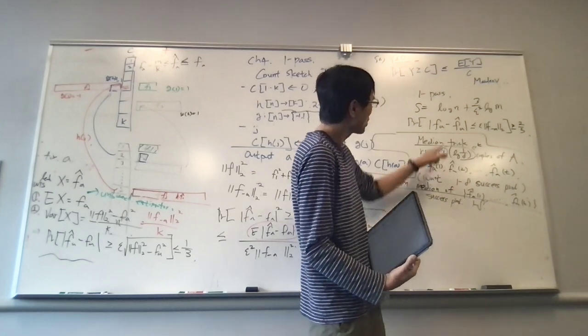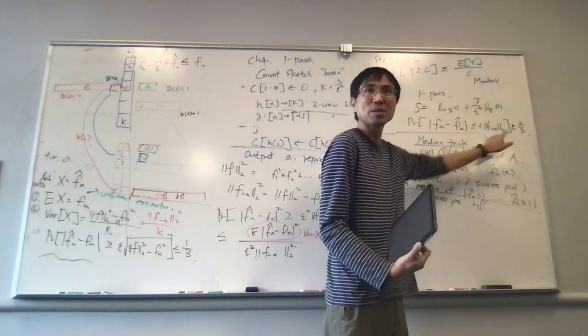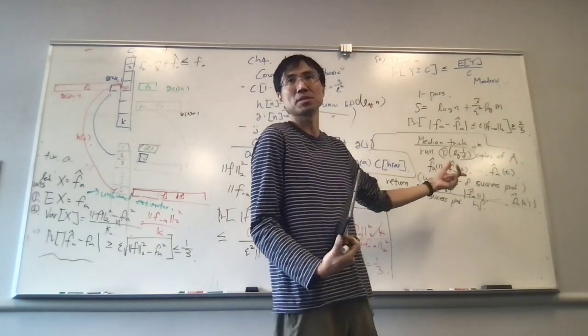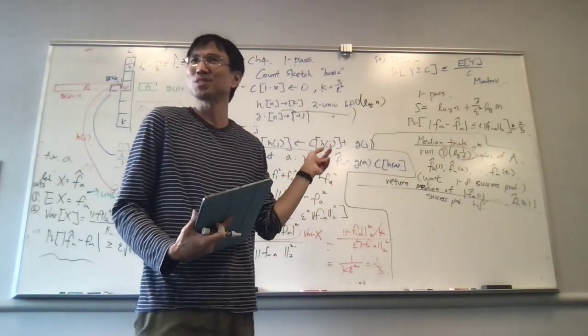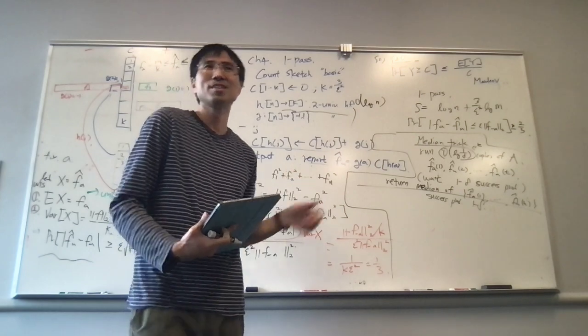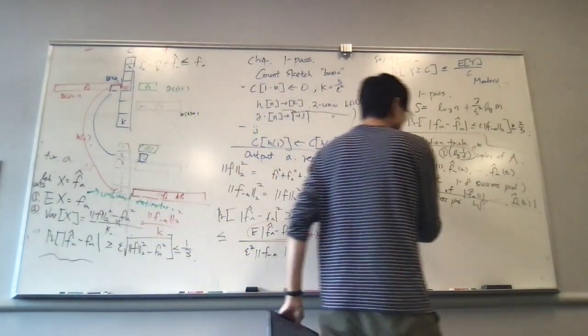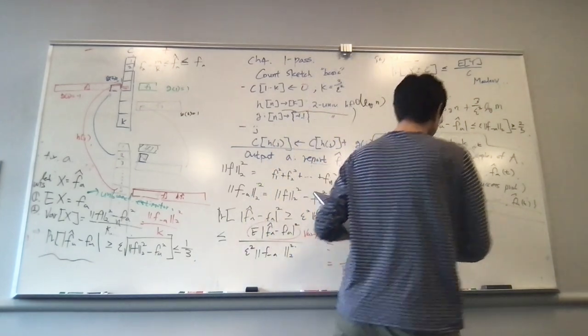You cannot change this precision. However, you can boost up success probability by repeating the same algorithm many times, using the median trick. This is why it's true. I give you some sketch here. I think it's a good exercise.